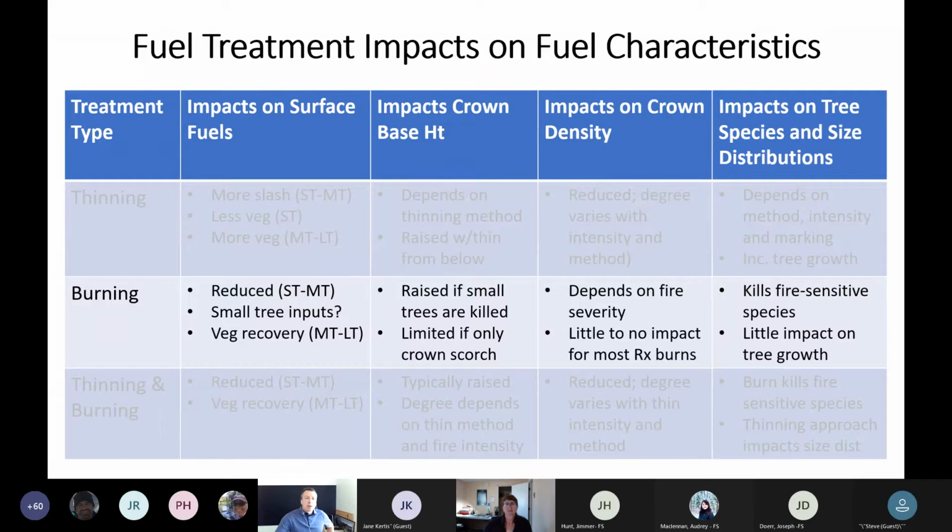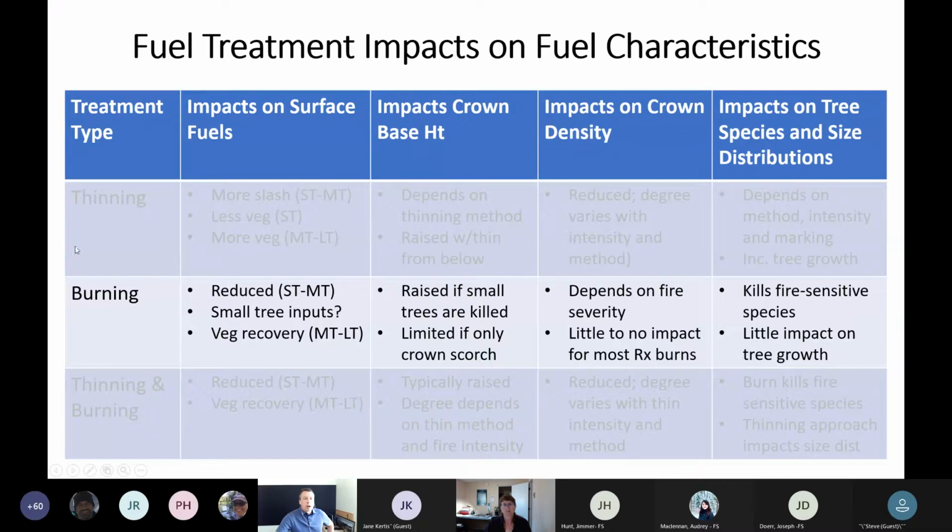But one of the interesting things about running prescribed fires through our west side stands is that in some of our moist west side systems, particularly our Western Hemlock series systems, we can have a lot of small understory trees. We can have this understory tree seedling and sapling cohort at fairly high densities in some cases.